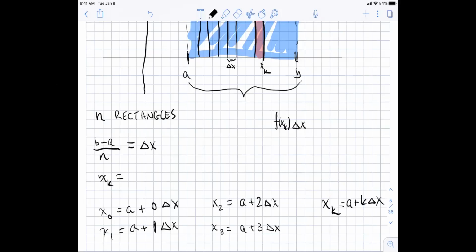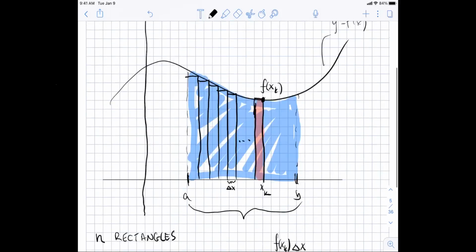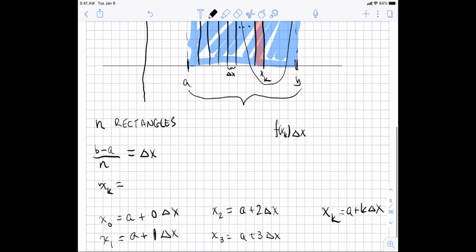Okay, so the width of this general rectangle here is delta x. The height is f of xk, and so we can actually say that that's f of a plus k times delta x. That's the height.